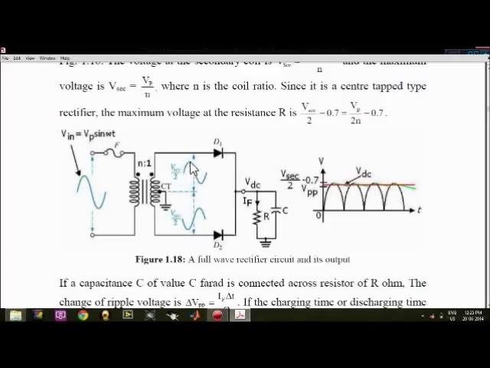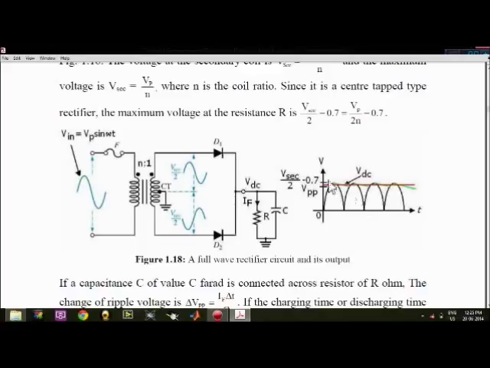Whenever the positive signal goes through this D1, we will get an output, and that magnitude is given by the first cycle. And whenever the negative cycle comes, D1 will block it and D2 will allow the negative cycle to pass. So for D2 again rectification will take place and we will get the second cycle.